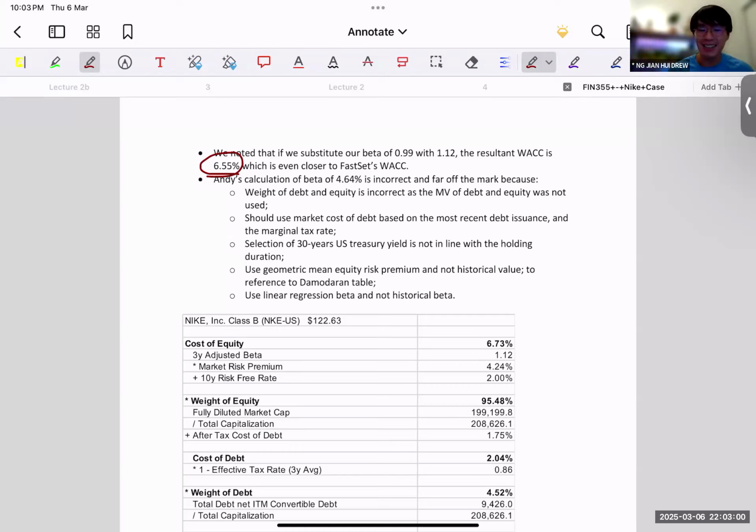It shows that my answer is very correct, right? So it's like drawing legs on the snake and saying the snake needs legs to walk. You can look at this analogy, but that's what I'm trying to say here. And then I also provided what is wrong with Andy's calculation.